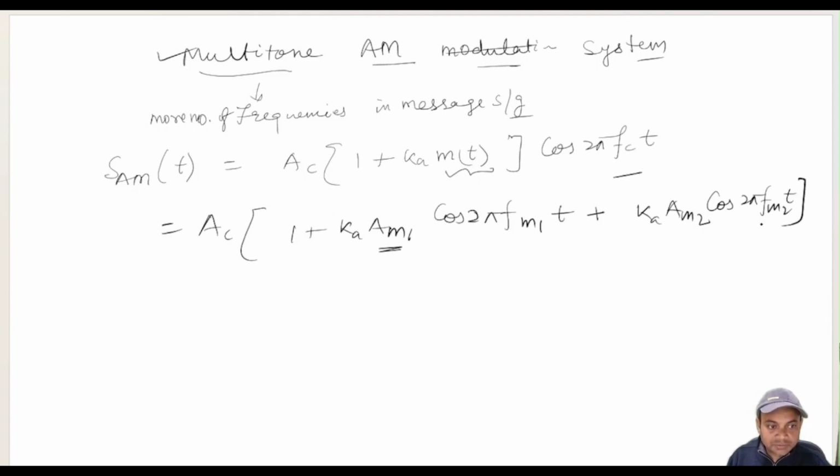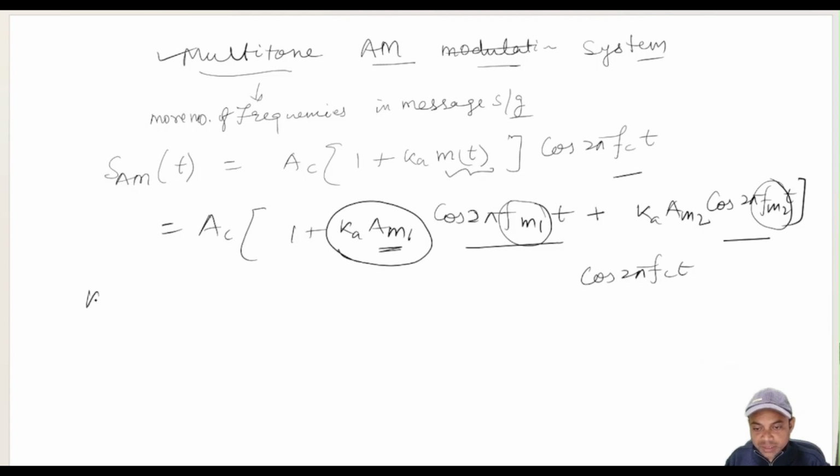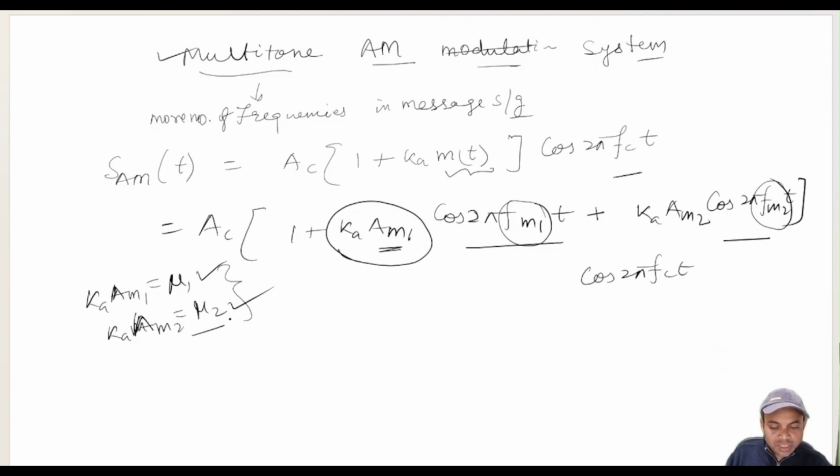But I am writing here for only two frequencies, the first one fm1 and the second one fm2, into cos 2 pi fc t. Then ka Am1 is our first modulation index and ka Am2 is our second modulation index, mu1 and mu2.